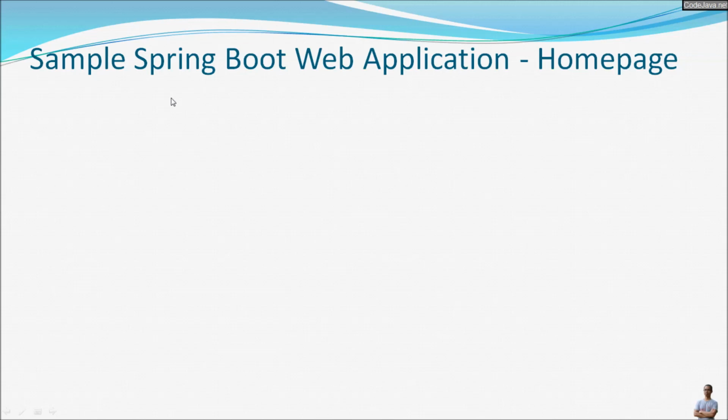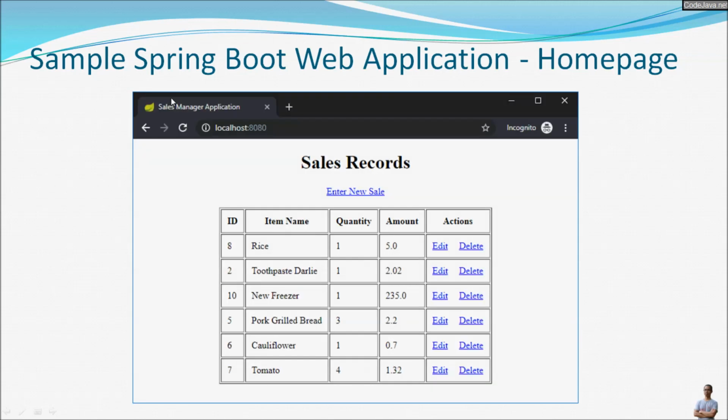Throughout this video, you will learn how to develop this Spring Boot web application that manages sales records in a relational database. As you can see, this is the home page of the application that displays all the sales records in a table format.